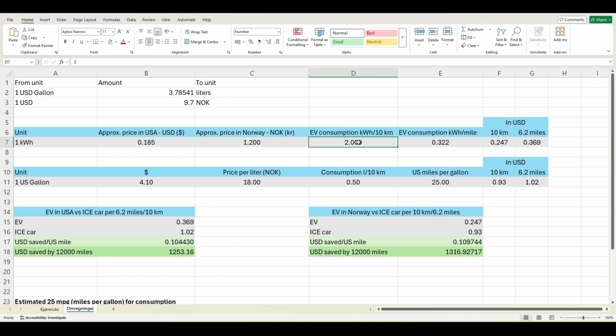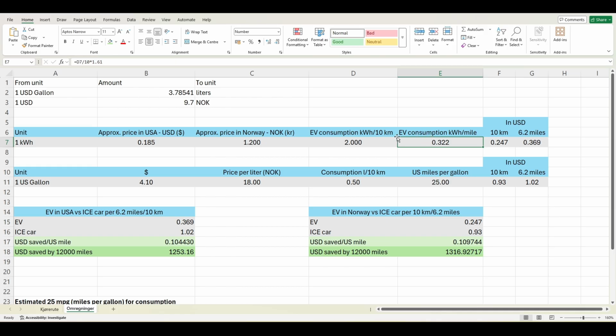And then the consumption per 10 kilometers, because in Norway we have something called 1 mil, M-I-L, not 1 mile, but mil. So 1 mil equals 10 kilometers. Well, 1 mile equals about 1.61 kilometers. So that's a difference to bear in mind when we are calculating.